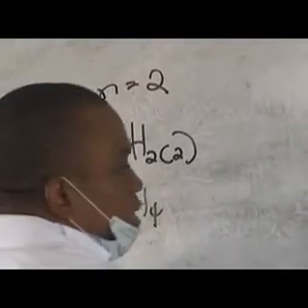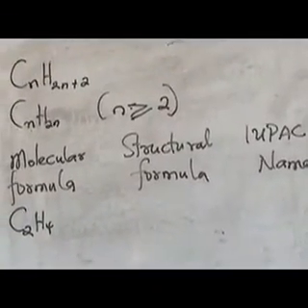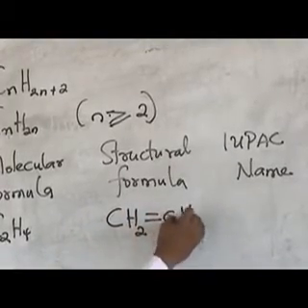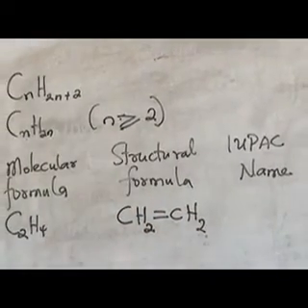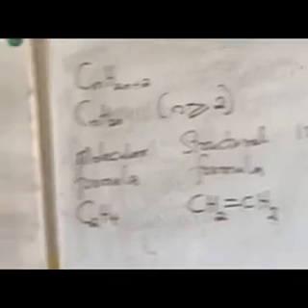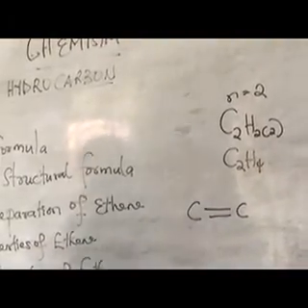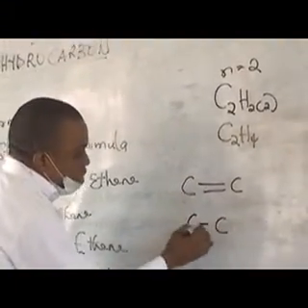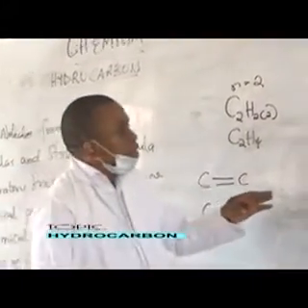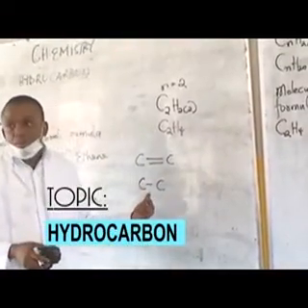And so you have C2H4. If you want to bring out the structural formula, it is CH2. Now what really makes a hydrocarbon unsaturated is the presence of a double bond in between the carbon atoms. In the saturated hydrocarbons, the alkanes that we looked at, all the bonds in between carbon atoms are always what? Single bond. But what defines a hydrocarbon being unsaturated is the presence of a bond that is not single.